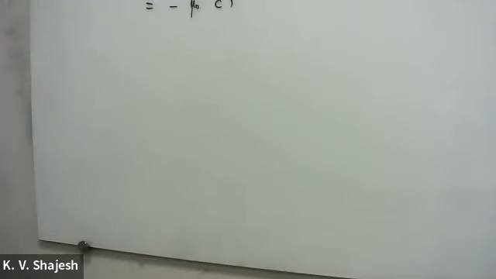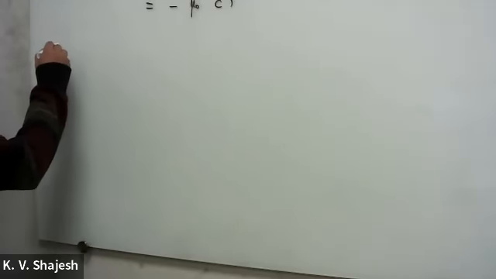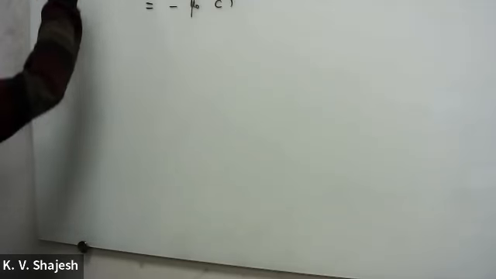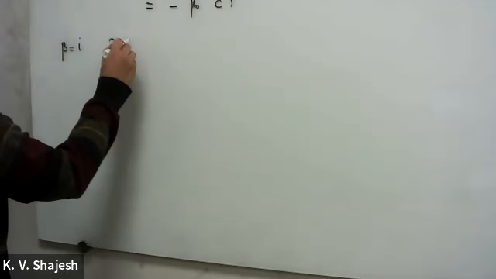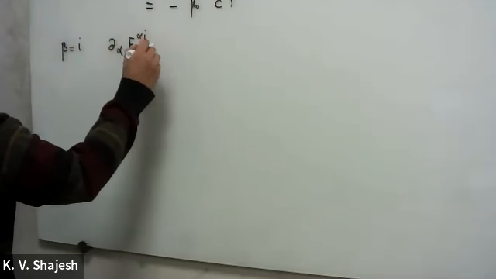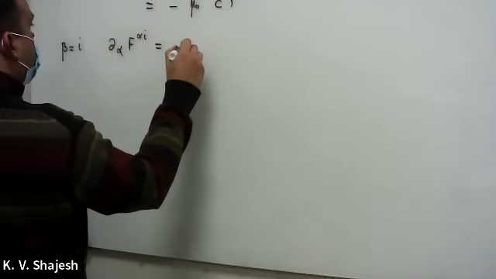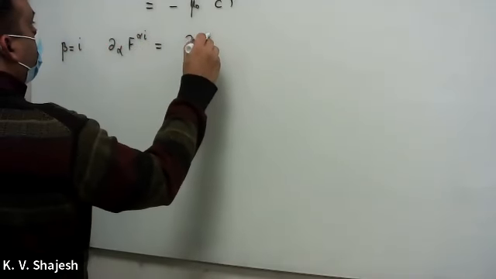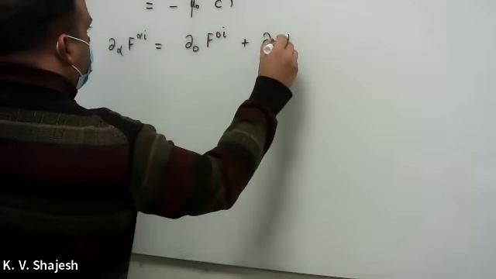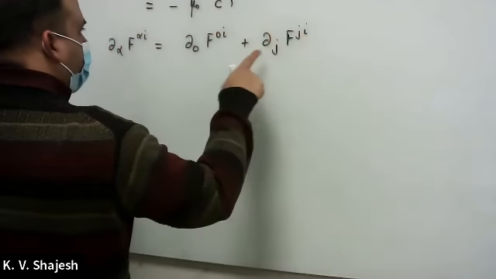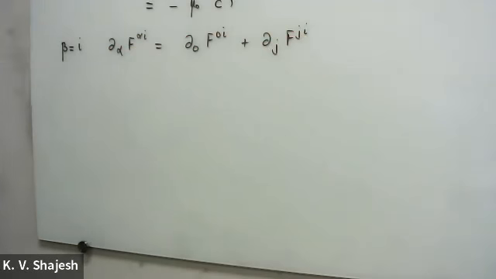Okay. Any questions? So mostly mechanical. Beta is equal to, let's say, I now. So D alpha F alpha I is equal to D0 F0I plus Dj FjI. I cannot say I here because I has already been used.